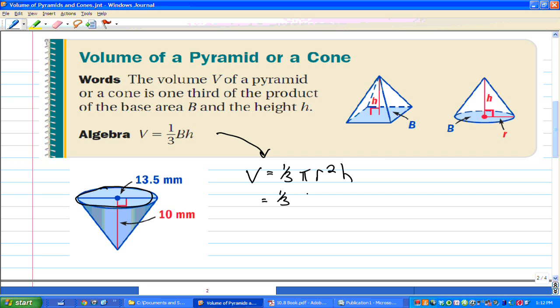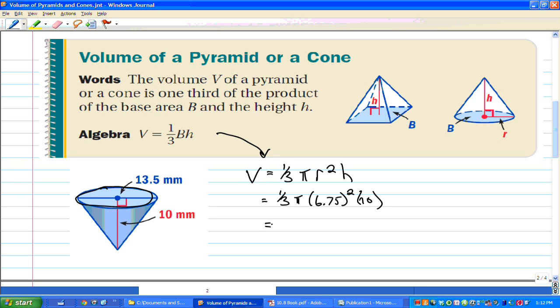We have 1/3 pi. Half of 13.5 is 6.75 squared times the height, which is 10. Multiply this out. You have to do that squared part first. If you put this in your calculator, I would do 3.14 times 6.75 to the second power times 10.